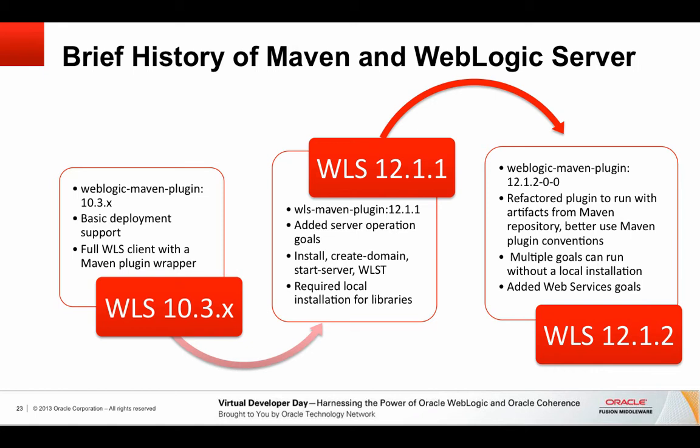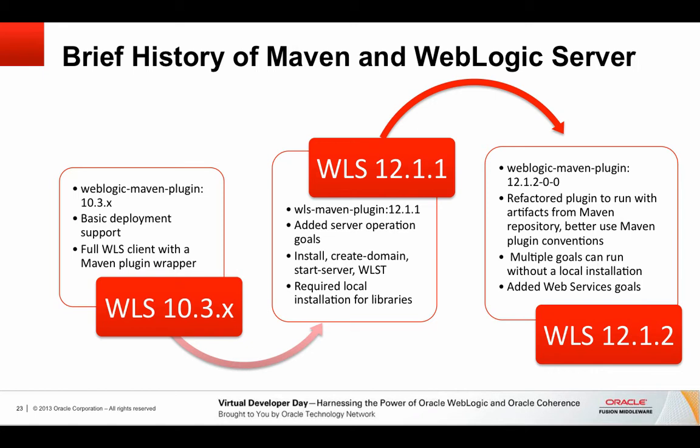First off, we introduced a new plugin, which was the WLS Maven plugin. And this edition of the plugin also required a local installation for the goals to operate. So it didn't actually use classes or libraries, dependencies from a Maven repository. It actually pointed to a local WebLogic Server installation.